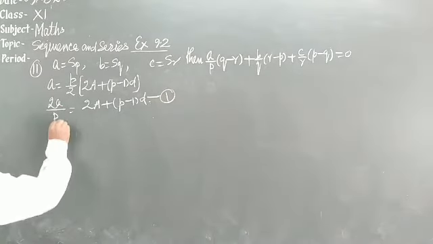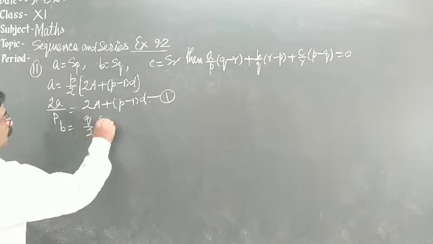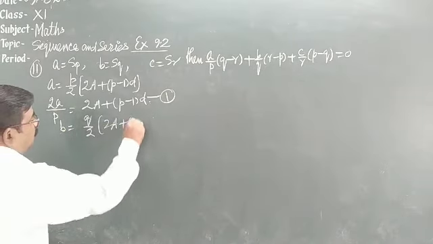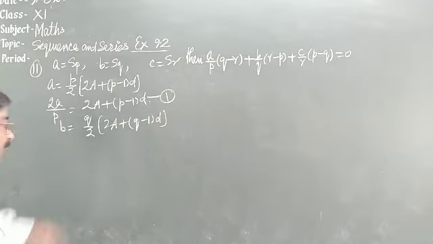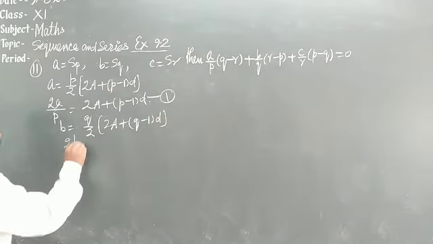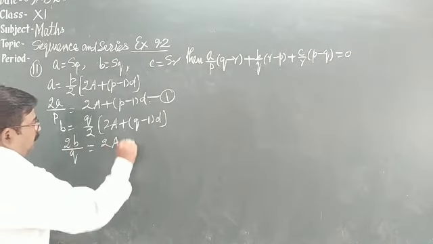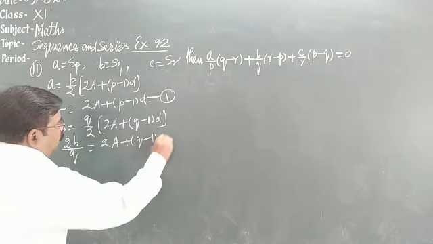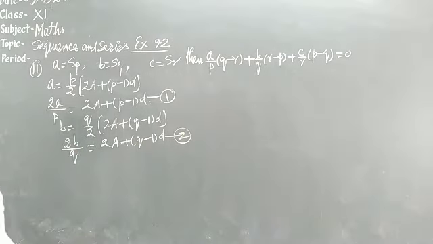Similarly, B is equal to Q by 2 into 2A plus Q minus 1 into D. Once again multiplying this side, we have 2B upon Q is equal to 2A plus Q minus 1 into D, equation number 2. Similarly, I am writing directly equation number 3.